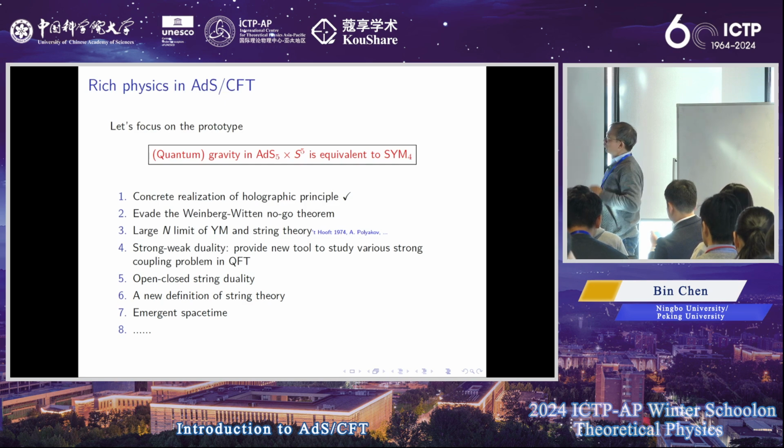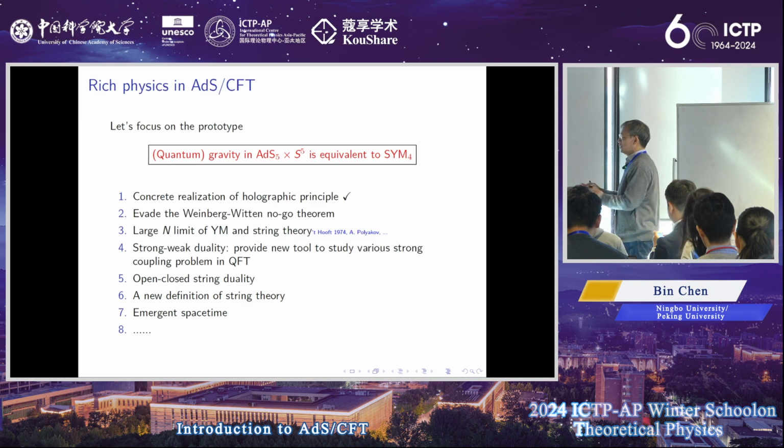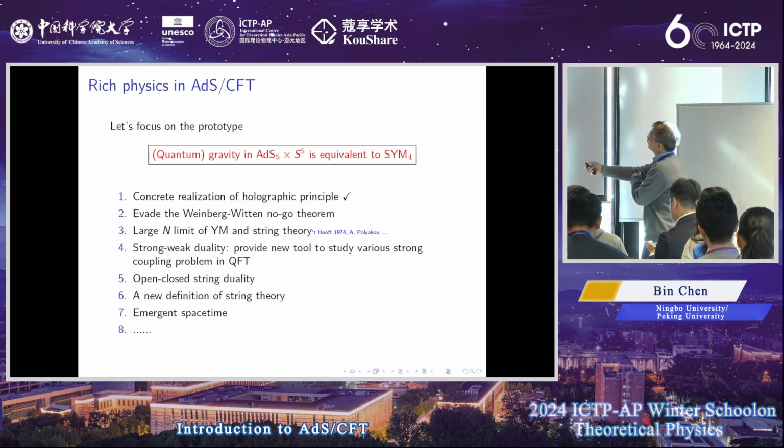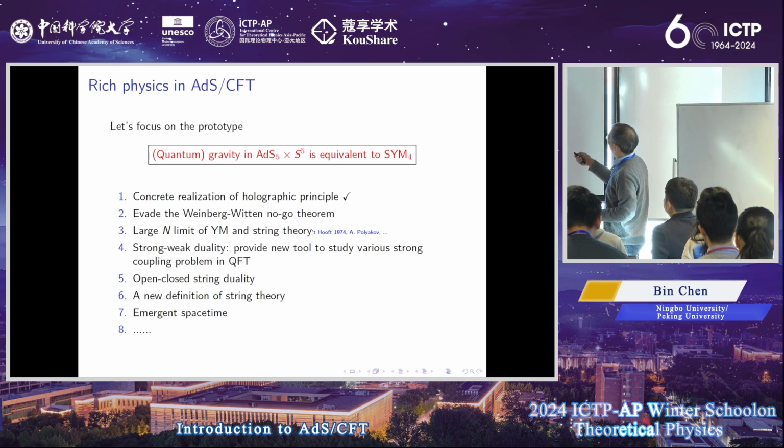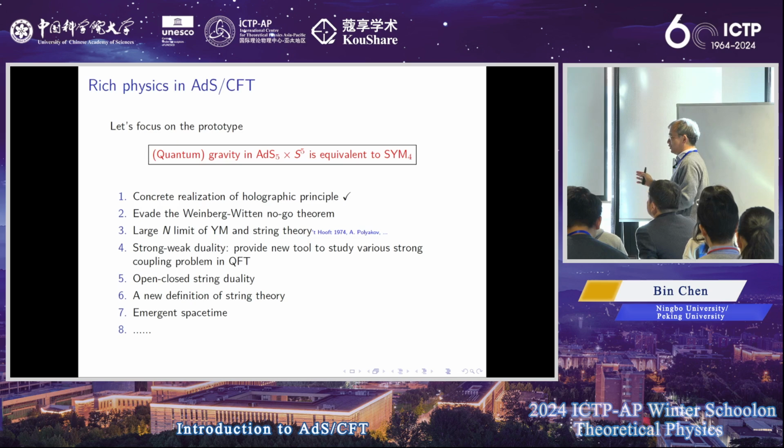I will show you that the string coupling is related to 1 over N. So if N is small, that means the string coupling is very strong, so we don't know what it is. Even here, it's not a precise statement. I will give you an extremely precise statement.